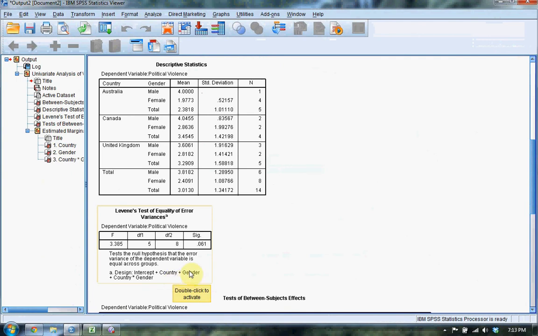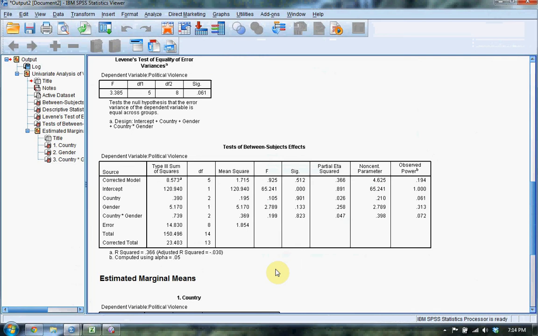Remember, in the Levene's test, the null is that variance is equal across groups. So a non-significant test means that variance is equal. If you had a significant value here, if it was less than 0.05, then you would have non-equal variance among groups, and your homoskedasticity assumption would be violated.